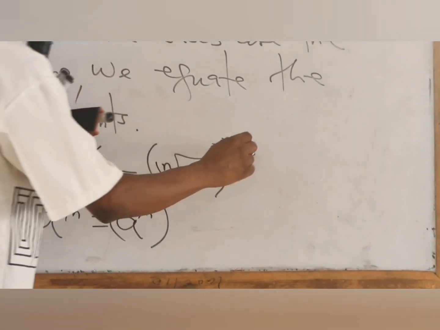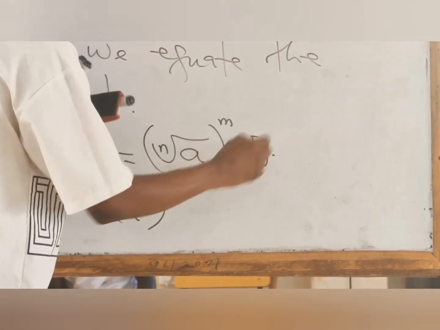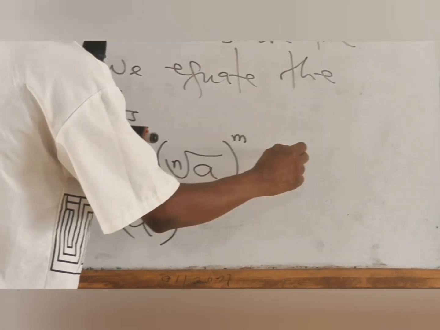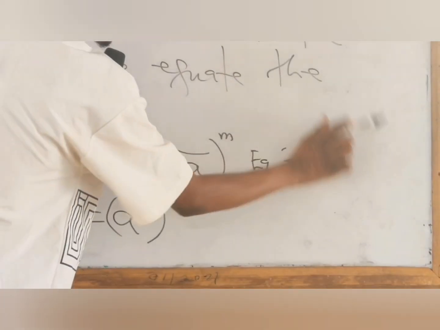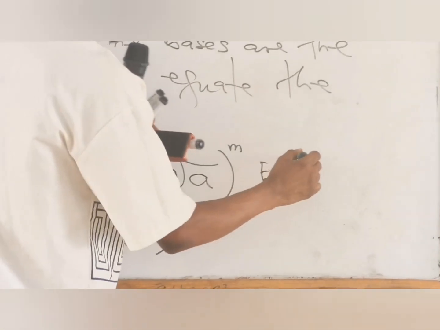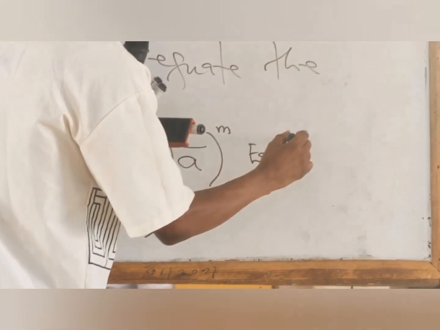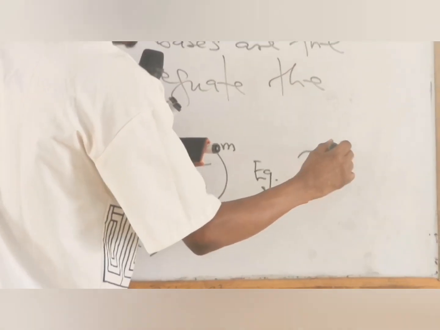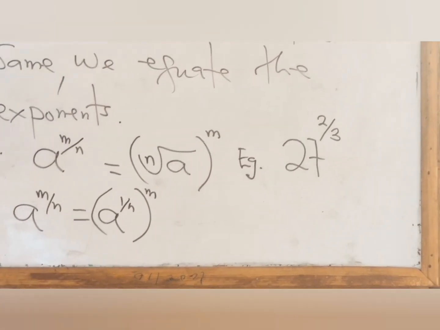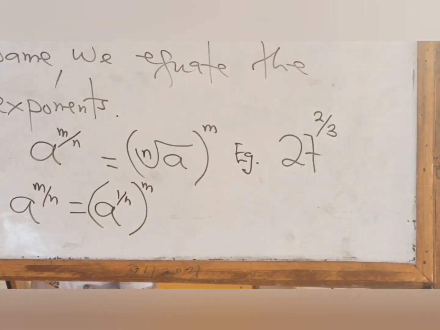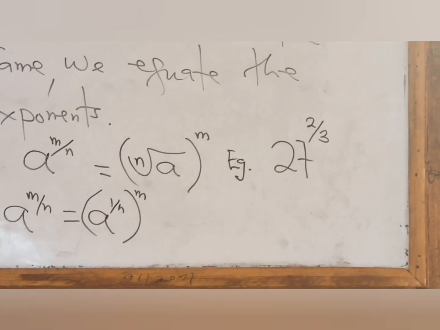So you can have a simple example like this. Let's use 27 to the power 2 over 3. Can you see? 27 to the power 2 over 3. Are you watching?